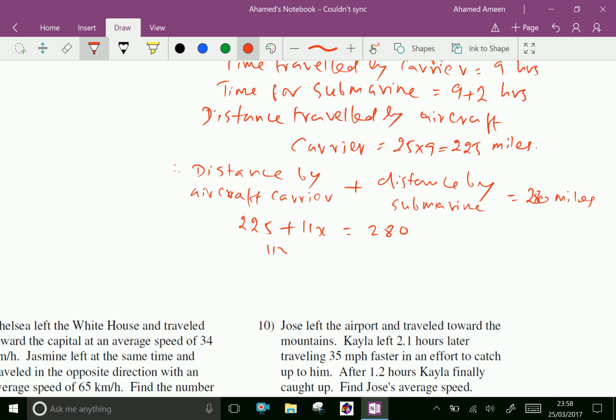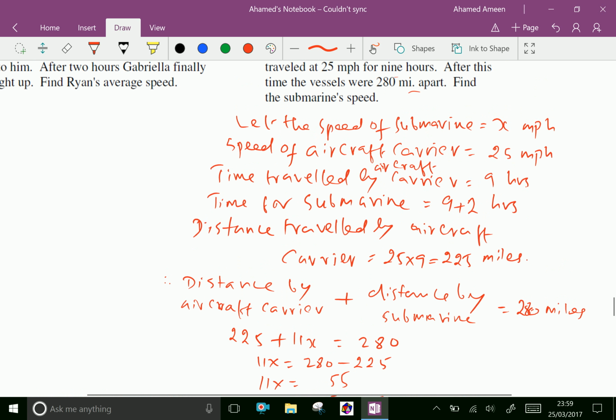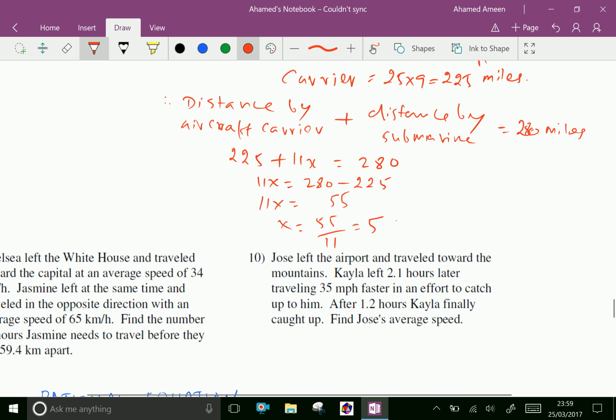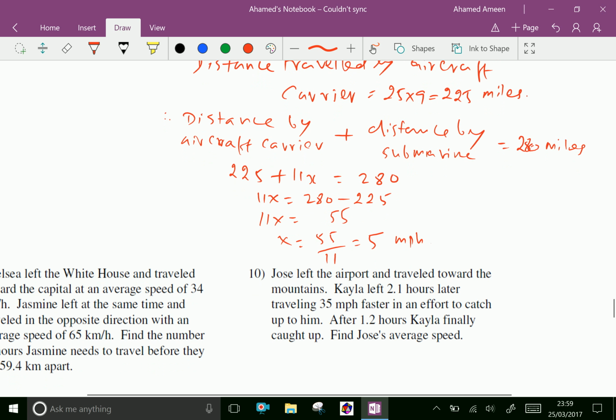Therefore 11x equal to 280 minus 225, which is 11x equal 55. Therefore x equal 55 over 11 equal 5 miles per hour. Therefore speed of the submarine is 5 miles per hour.